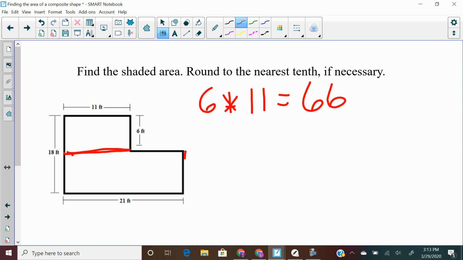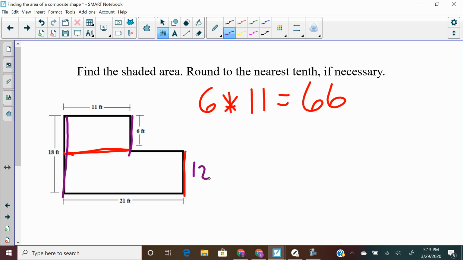And then the bottom rectangle is 21. I don't know what this length is, but I know that this whole length here, I'm going to do it in a different color, minus this length will equal that one. So 18 minus 6 gives me 12. So I know that length is 12.